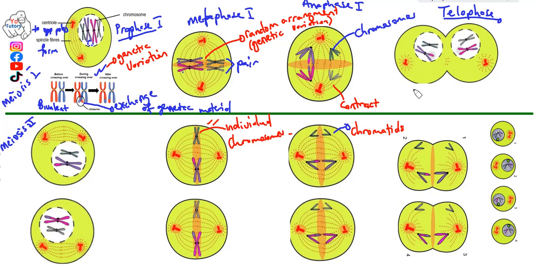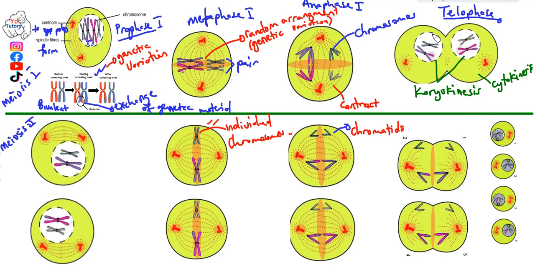So remember the karyokinesis, then also the cytokinesis. Cytokinesis taking place is the division of cytoplasm, and karyokinesis is the division of your nucleus taking place.